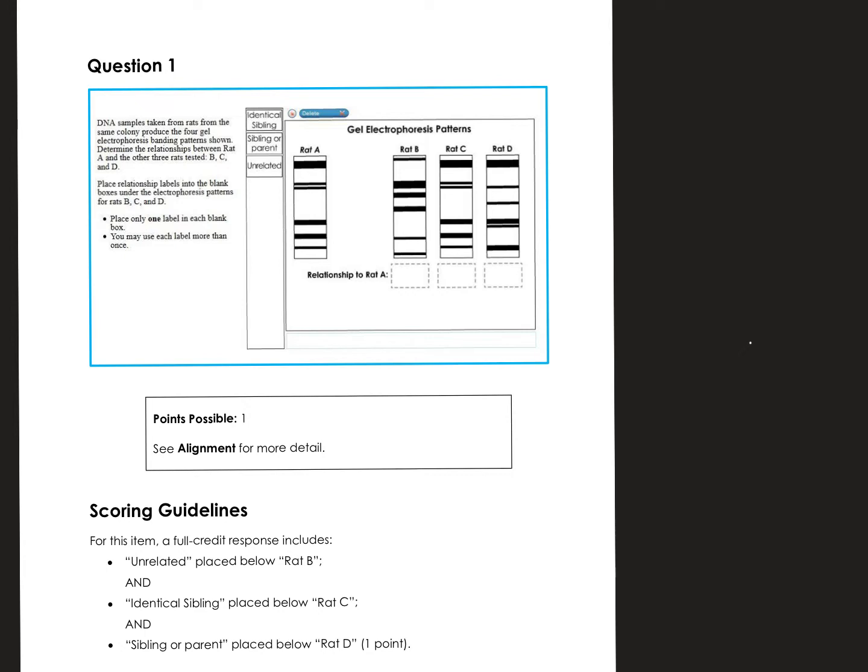Now, to be honest, even though the details are complicated, the reality is pretty simple. Which one of these 3 matches most closely? Which one of these 3 relationships is the closest relationship? So the closest relationship is going to have the most closely related pattern, and the one that's unrelated is going to have the furthest pattern away, and the one that's in the middle will be in the middle.